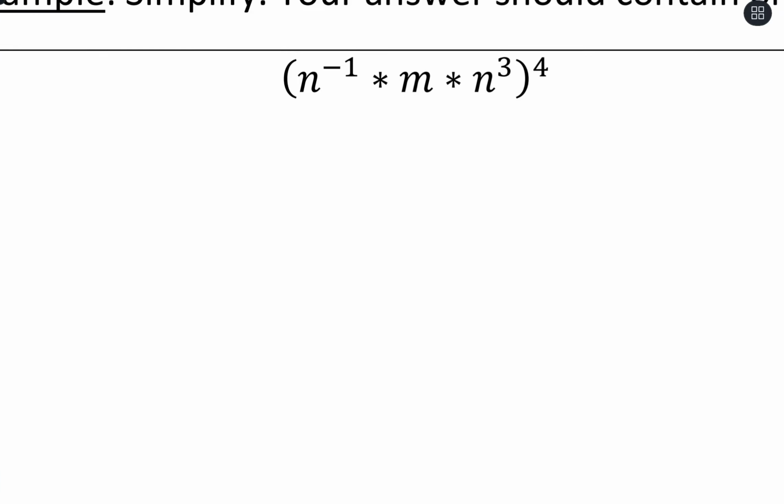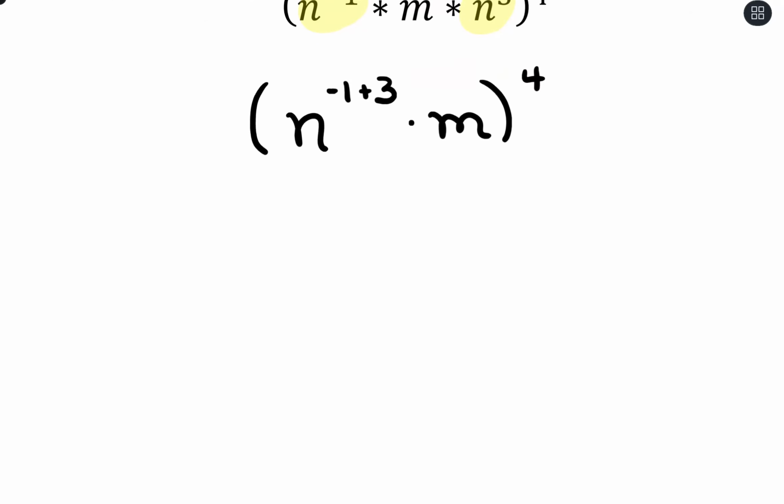Okay, with this first one, what I want to do is first simplify inside the parentheses. So what I'm seeing is I have 2 values that are multiplying with a shared base. So what I can do is combine those, n to the negative 1 plus 3. Let's go ahead and write these out. As you get used to these rules, you don't have to show all of these steps, but I'm going to go ahead and show them just for the sake of clarity.